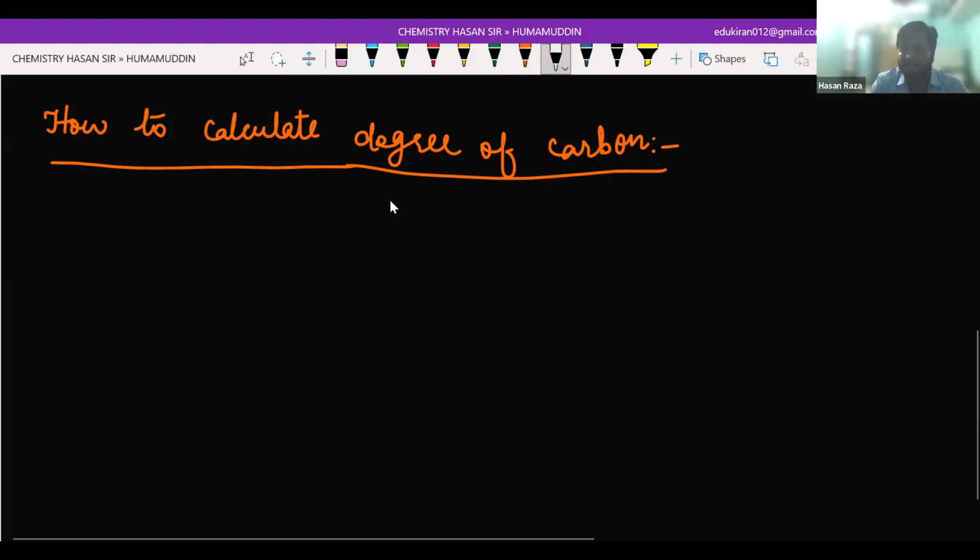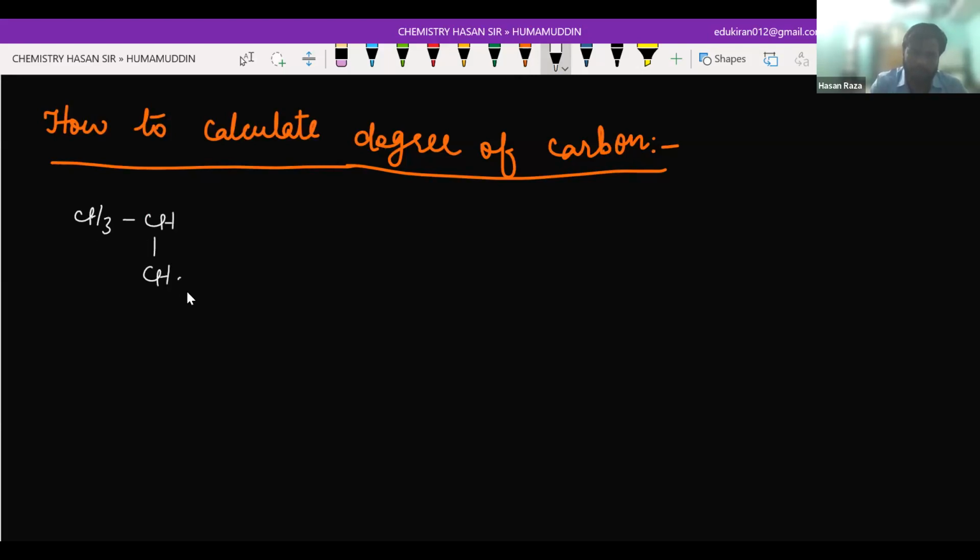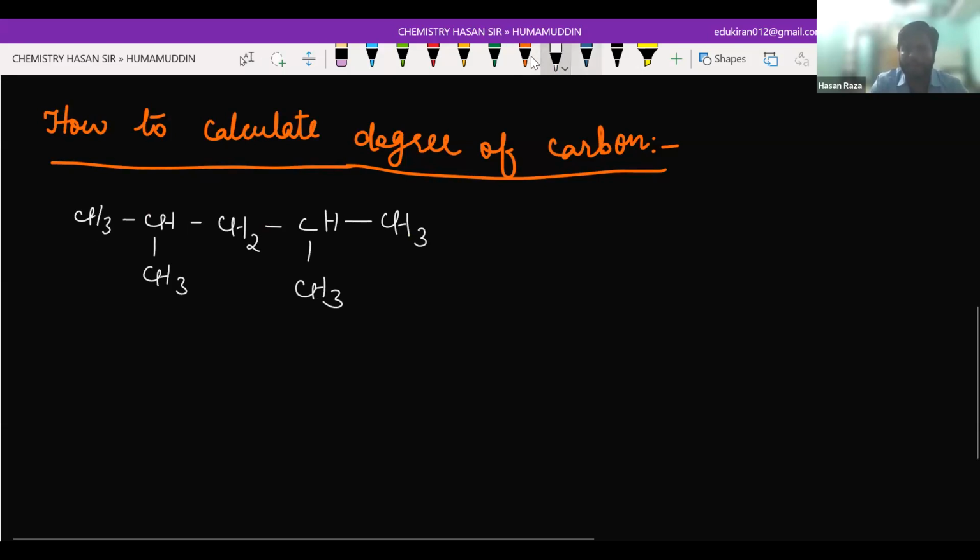Primary carbon. I'm going to ask you some questions. Humam, will you be able to tell me the degree of this carbon? 1 degree. How did you calculate this?